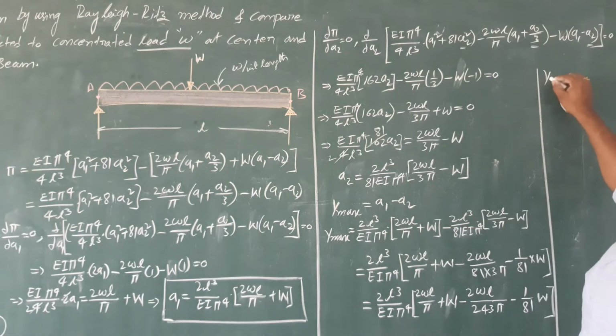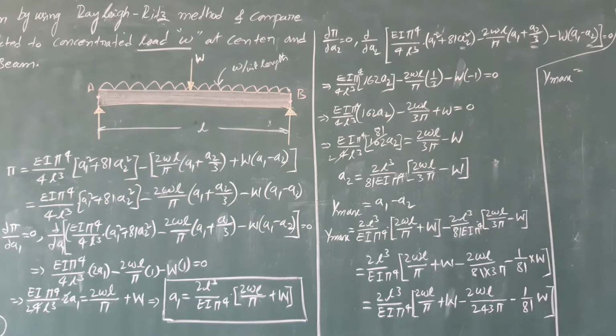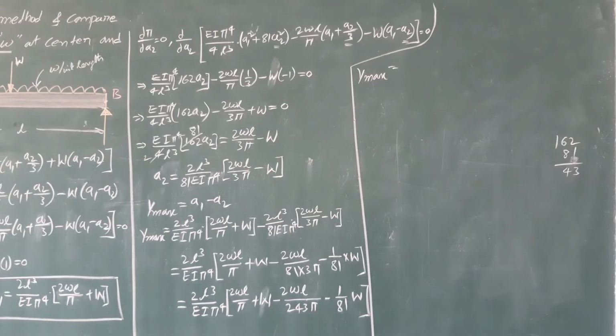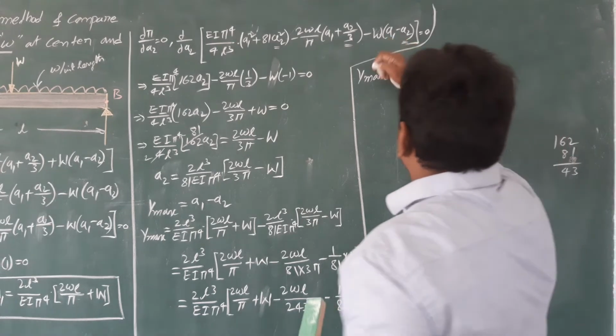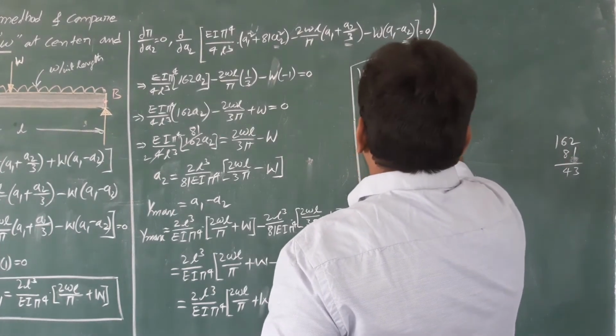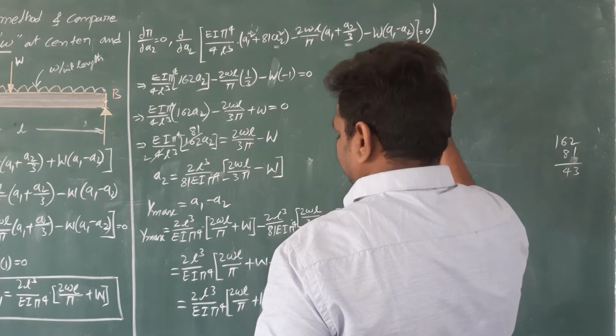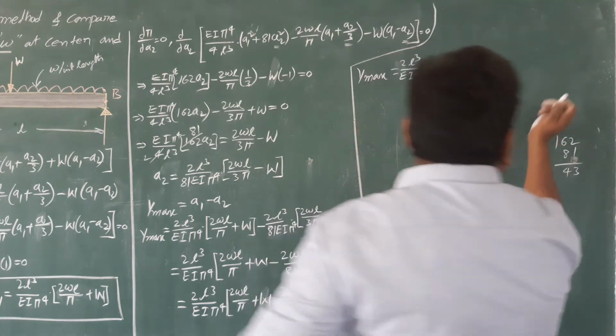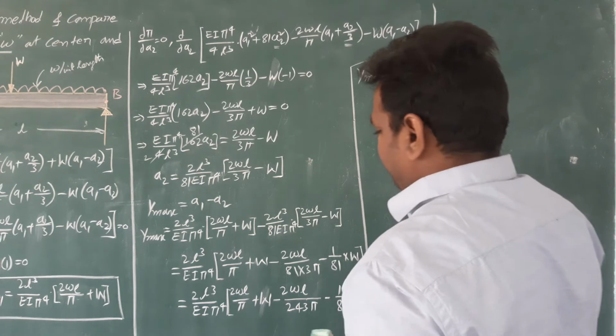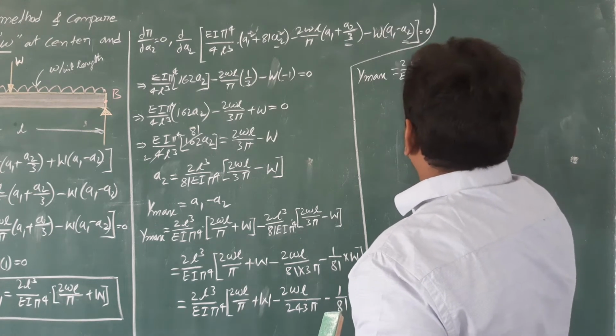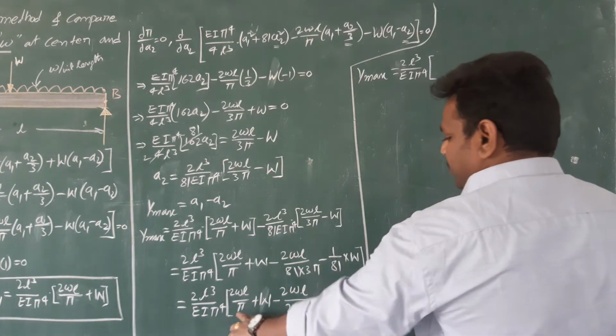Y max is equal to 2L cube by EI pi power 4 into these two terms.